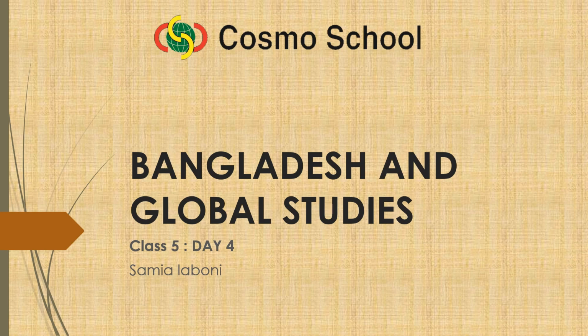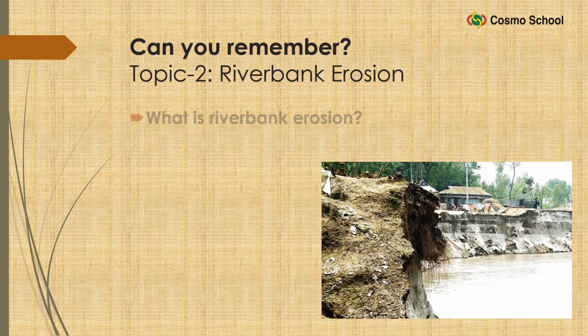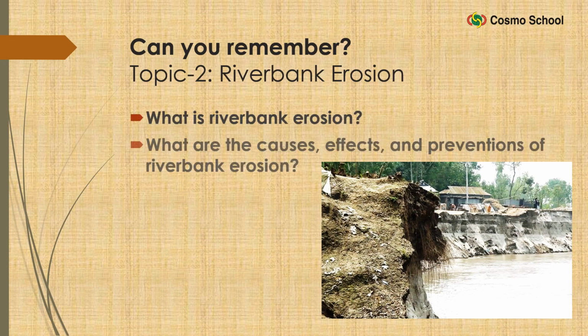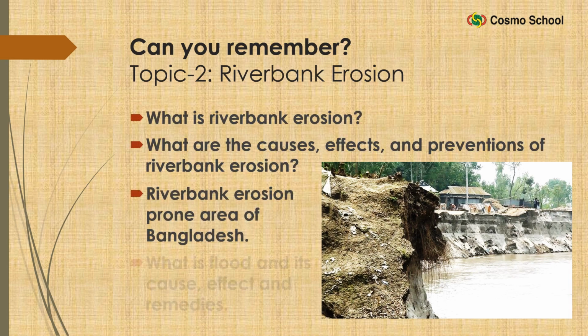This is our fourth class about this chapter, right? Now, tell me, have you properly practiced the previous topic? Can you remember the things we discussed? What is riverbank erosion?